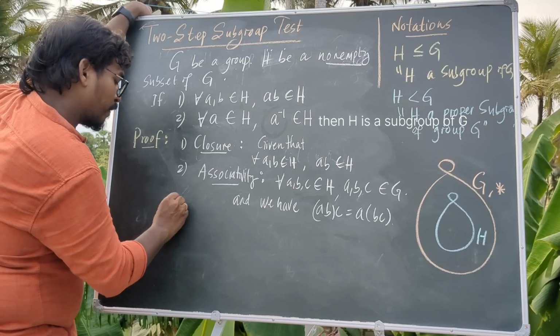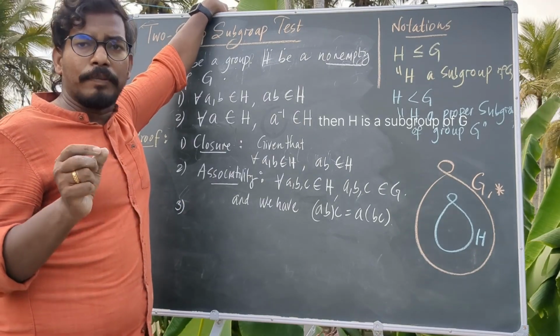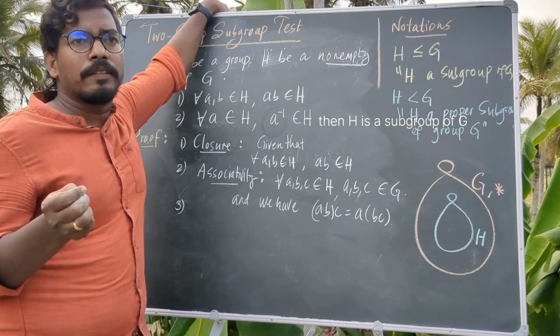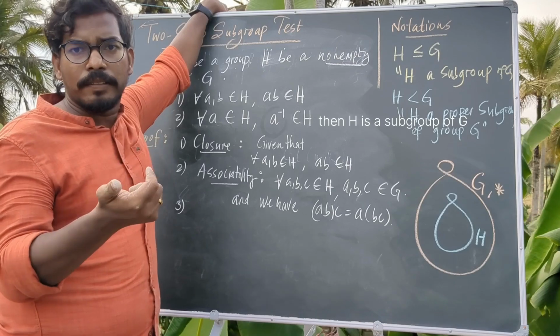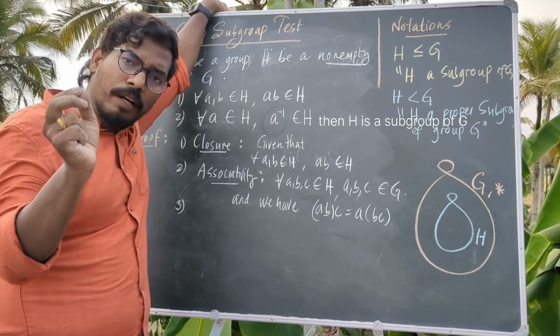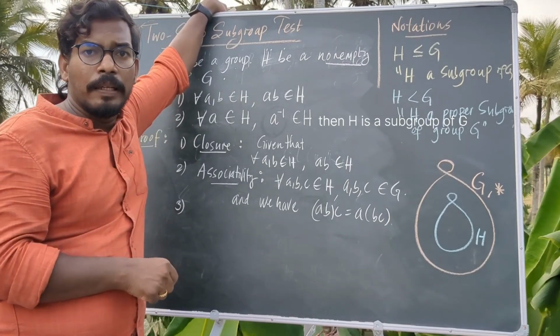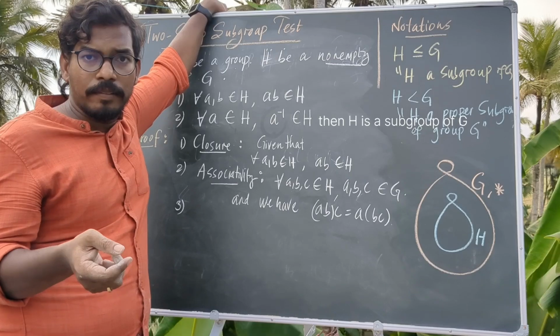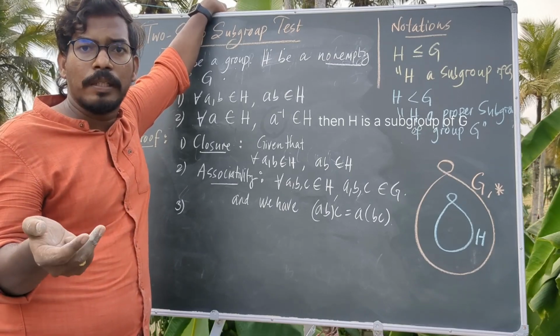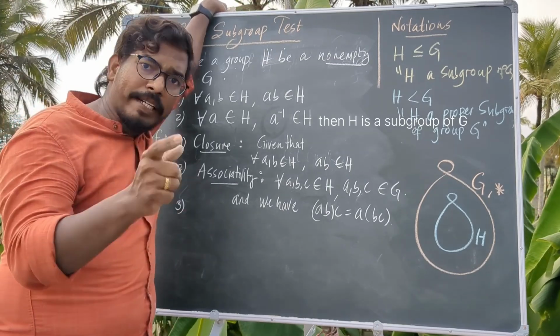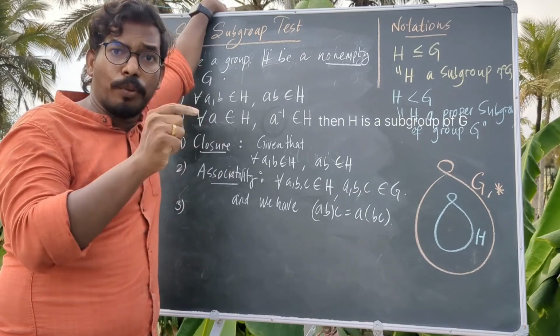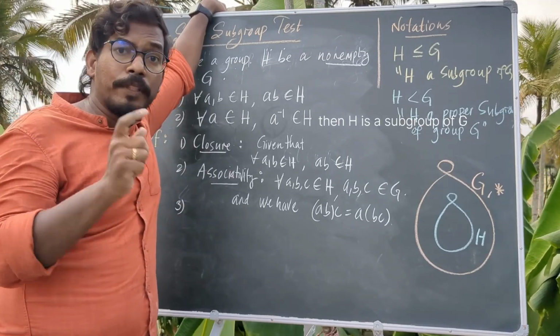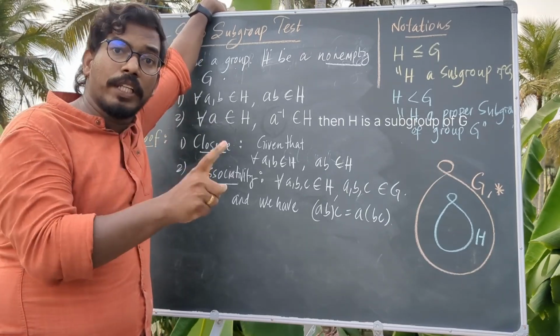Third one. Some of the axioms or properties are for existence and some of the properties are rules, like commutativity, associativity. These are rules. Existence of identity: identity should be in the group. Existence of inverse: inverse must be in the group.